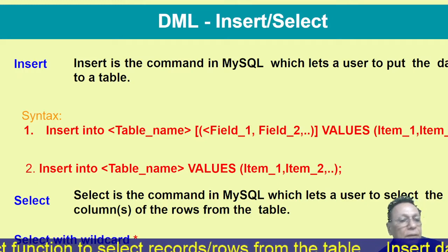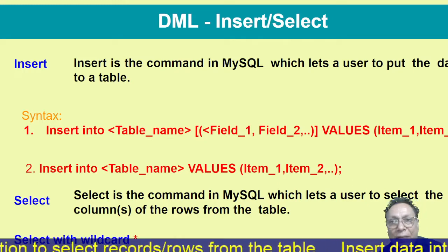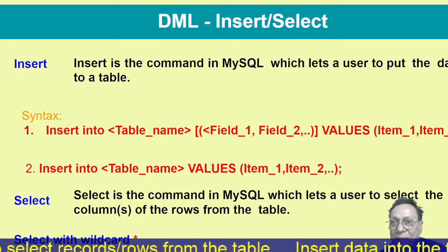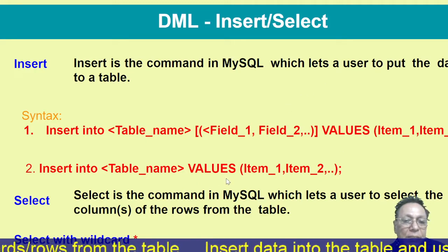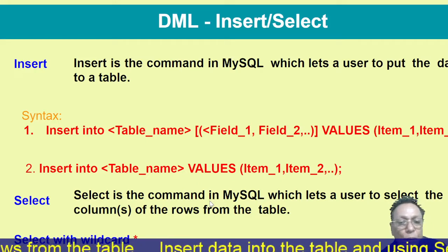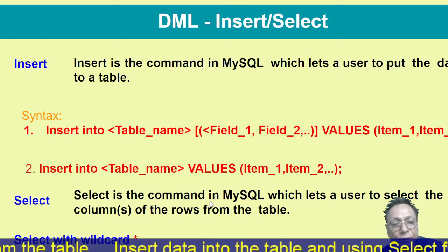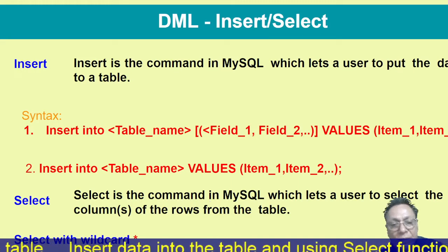The next is select with the wildcard. Wildcard is nothing but a single character. In the first select statement, you have to mention the columns, column 1, column 2, column 3, from the table. Accordingly, rows are selected.